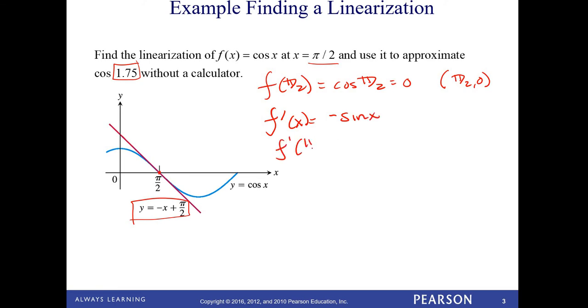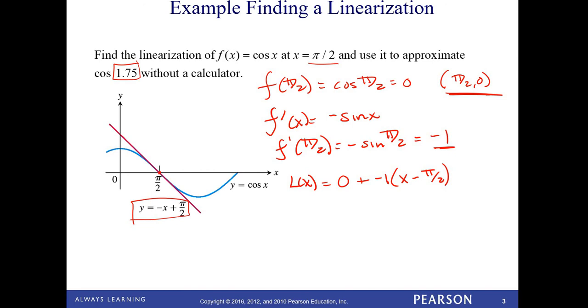Calculating f prime at pi over 2, I have negative sine of pi over 2, which is negative 1. So I now have a point and a slope, and I'm going to use that to write an equation of a line that I'm going to call L of x, and that is going to be equal to my y value plus the slope times x minus my a value.